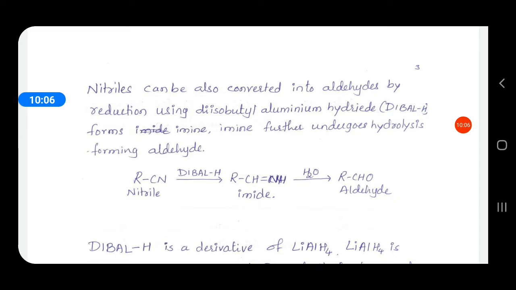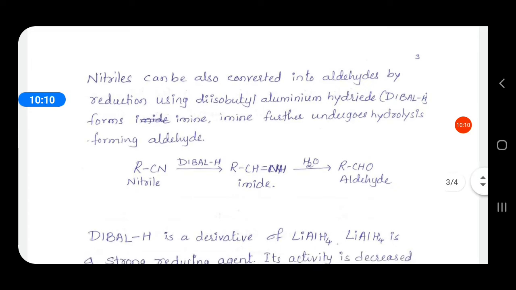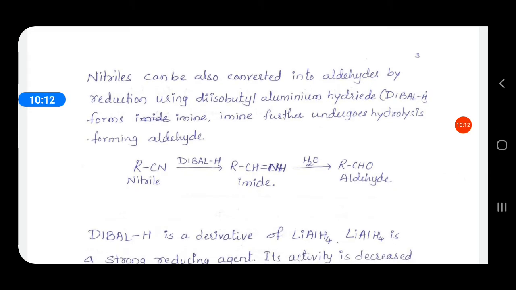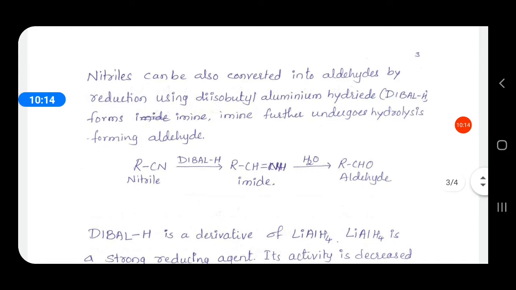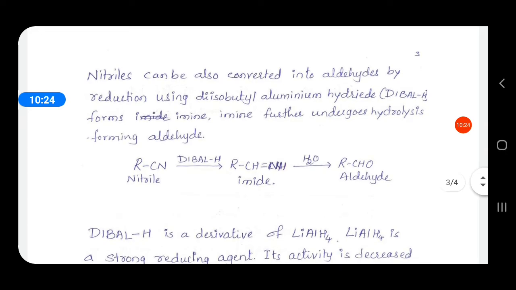Diisobutyl aluminum hydride is actually a derivative of lithium aluminum hydride. Lithium aluminum hydride is a strong reducing agent. If lithium aluminum hydride is used directly, then nitriles are completely reduced into amines.